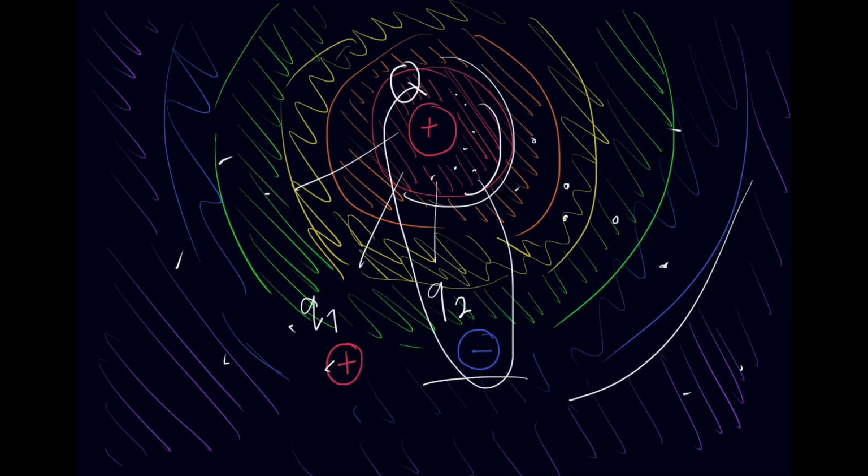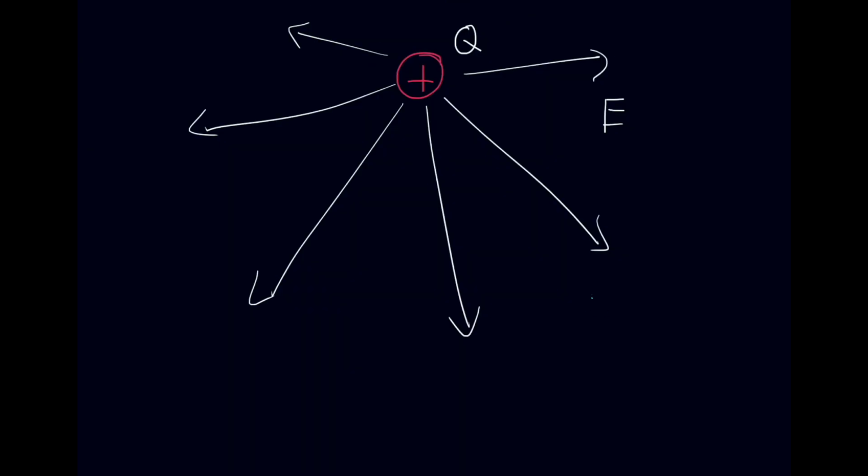This attractive force between these two charges increases when both of these charges increase in strength. So clearly the force that is experienced is proportional to q, and it is also proportional to little q, our other charge. And lastly, it's also proportional to the electric field.